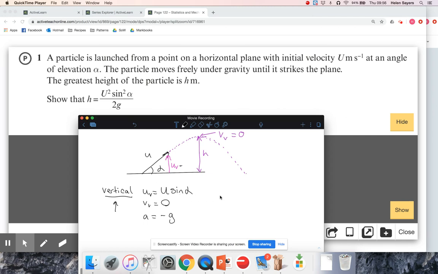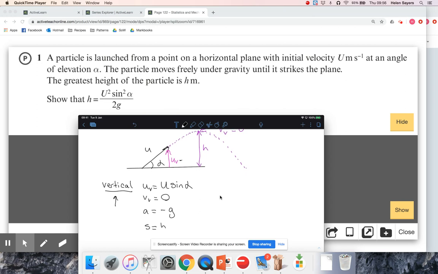Okay, and I want to know the maximum vertical height, so that's going to be the displacement, and I'm calling that h. So which of the Suvat equations am I going to use? Well, if I've got those 4, I'm going to use v squared equals u squared plus 2as, and there is some stuff that's squared in there, so again, that's looking hopeful. So the vertical velocity is 0, so that's 0 squared.